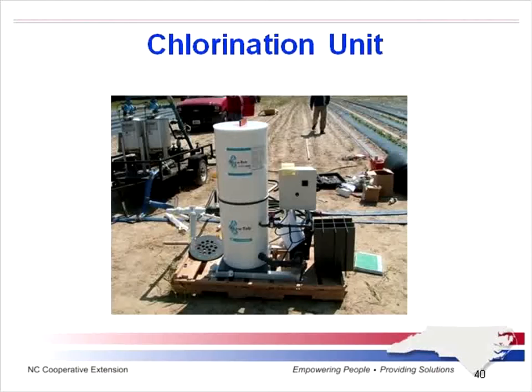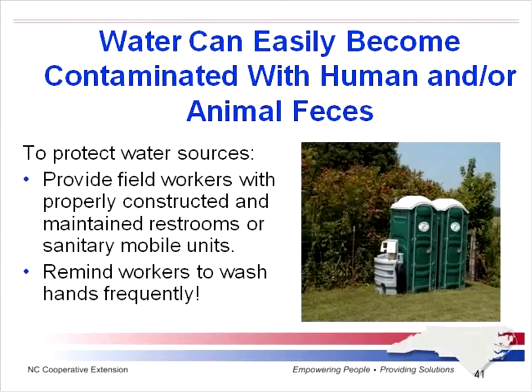The chlorination unit takes in water that's coming directly from the irrigation source, treats it with chlorine, and then delivers that water back out to the field with a significantly reduced microbial load. And this is an area that we're actively researching. I show you this chlorination unit, but there are other options available besides using a chlorine type system; I just put it in as an example for you.